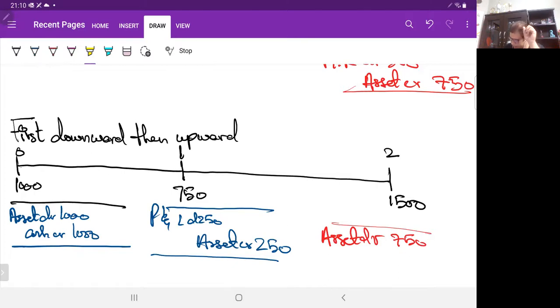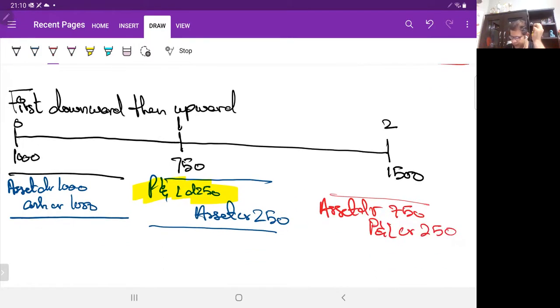How much expense we recognize till now? 250, right? So we will reverse it. We will recognize it as an income over here, P&L credit 250. Right now, how much left? 500. That will be brought to the revaluation reserve.